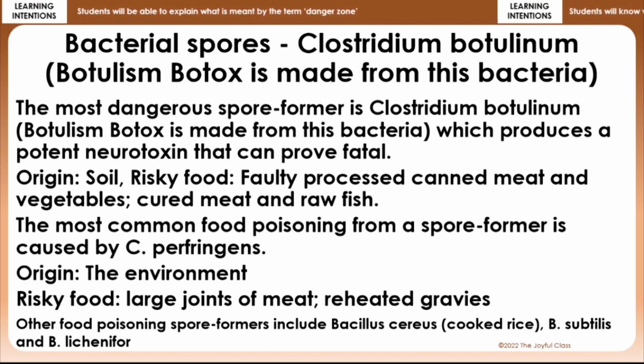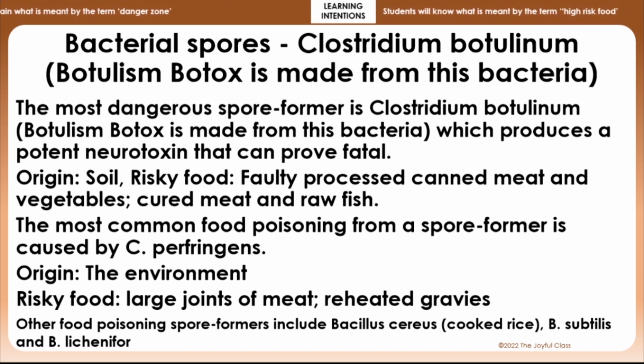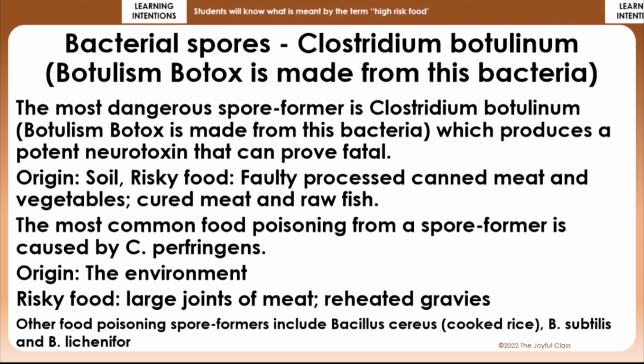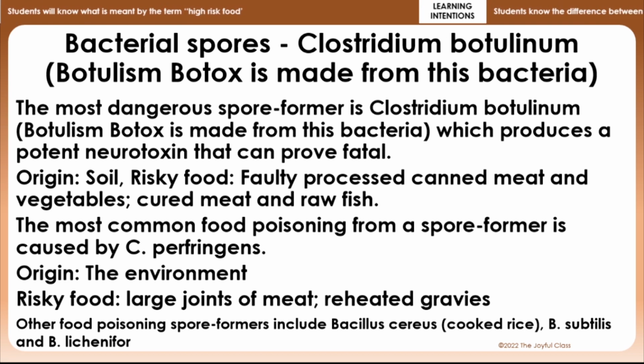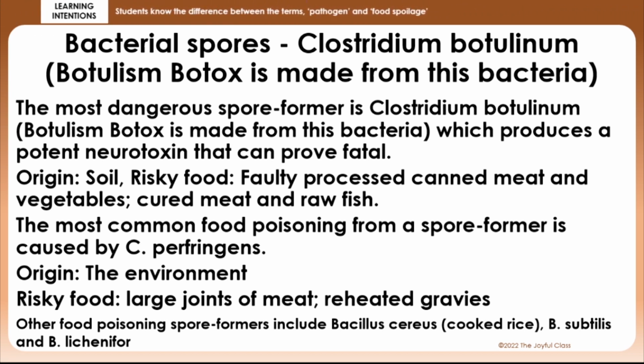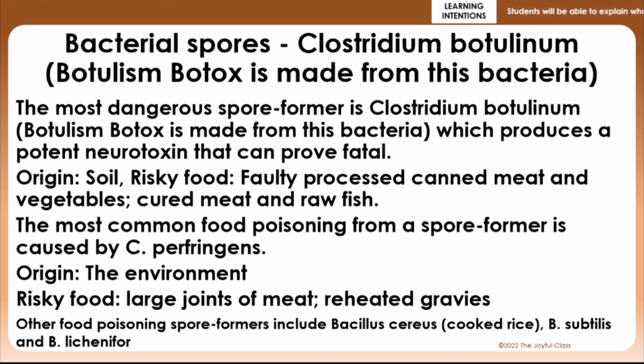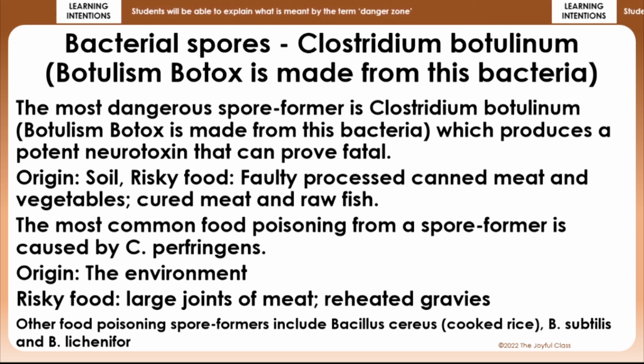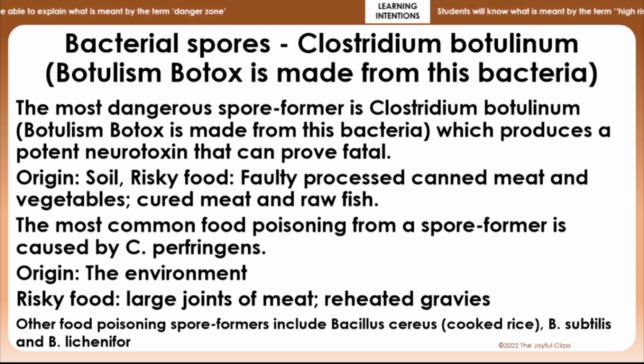One of the most common food poisonings from a spore former is caused by Clostridium perfringens. Its origin is the environment, and the risky foods are large joints of meat and reheated gravies. Other food poisoning spore formers include Bacillus cereus, which is from rice, and Bacillus subtilis and Bacillus licheniformis.